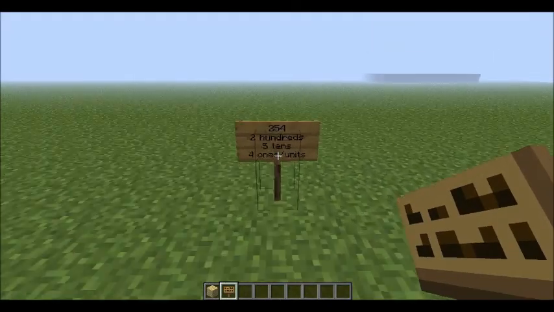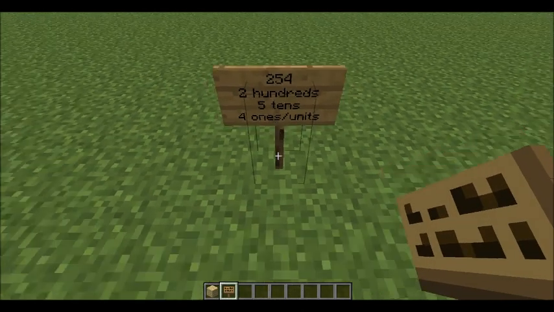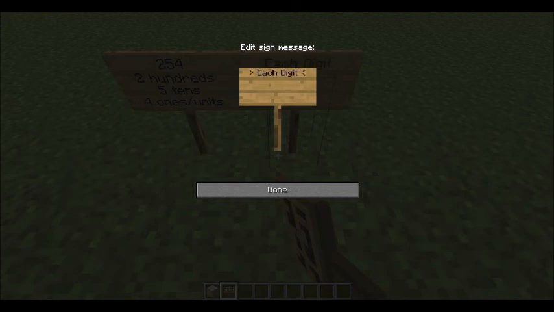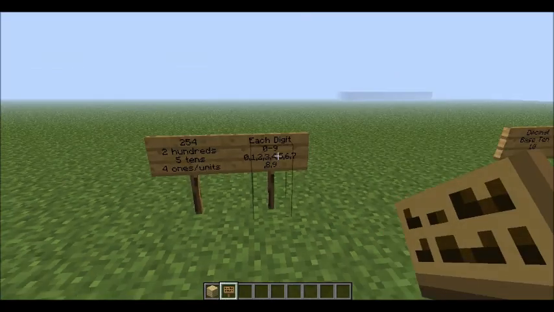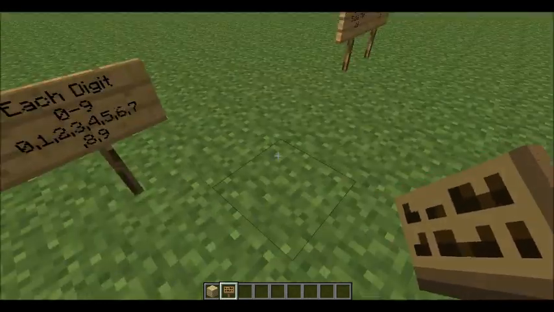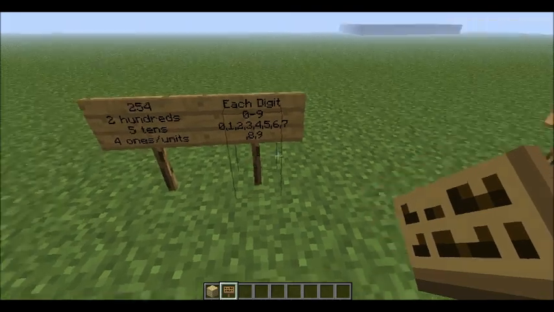So that's how it works, and we know that in each digit we can go from 0 to 9. So we've got 0, 1, 2, 3, 4, 5, 6, 7, 8, 9. So we've got 10 digits, and that's why it's base 10, because in each digit we can have up to 10 different numbers.